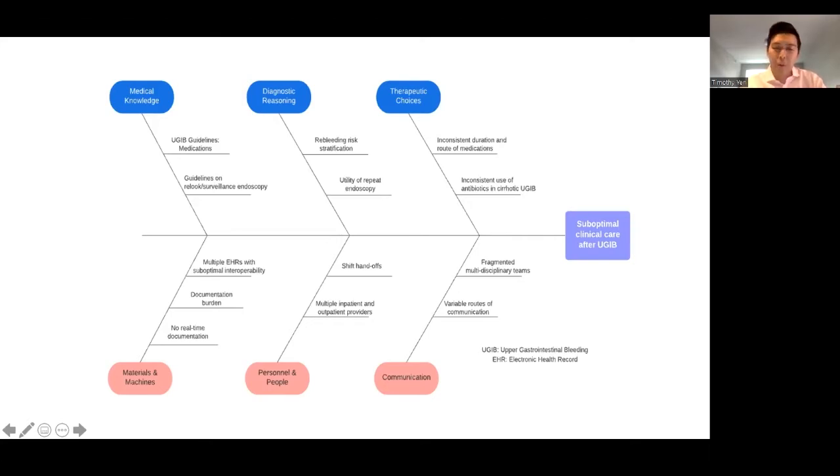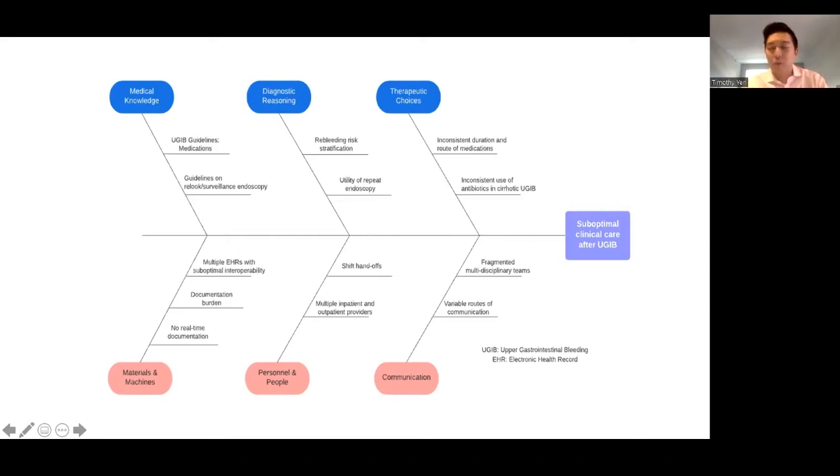The second category, personnel and people, just being in a large academic institution, there's a lot of shift handoffs between teams, whether that's between gastroenterology and primary teams, as well as between day shift or evening shift providers as well. And second, there are lots of multiple inpatient and outpatient providers as well. And then communication.